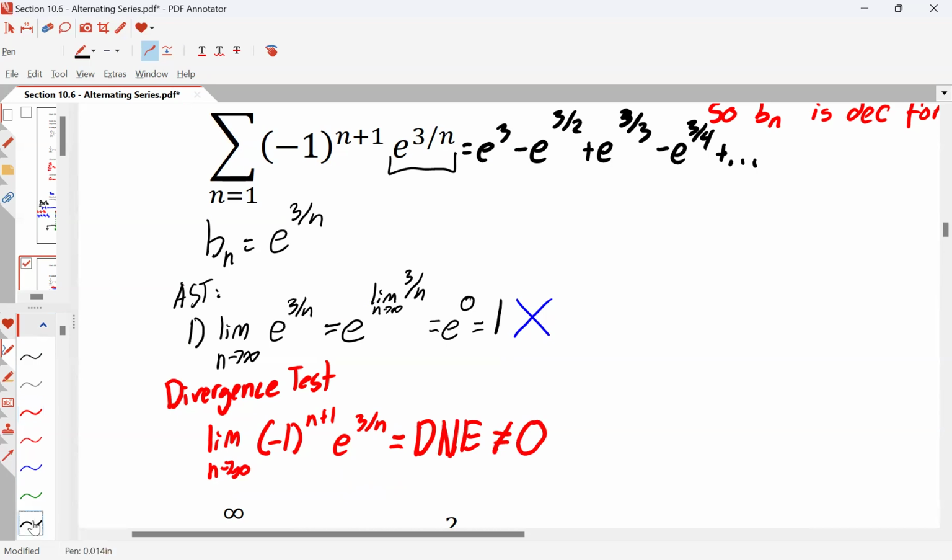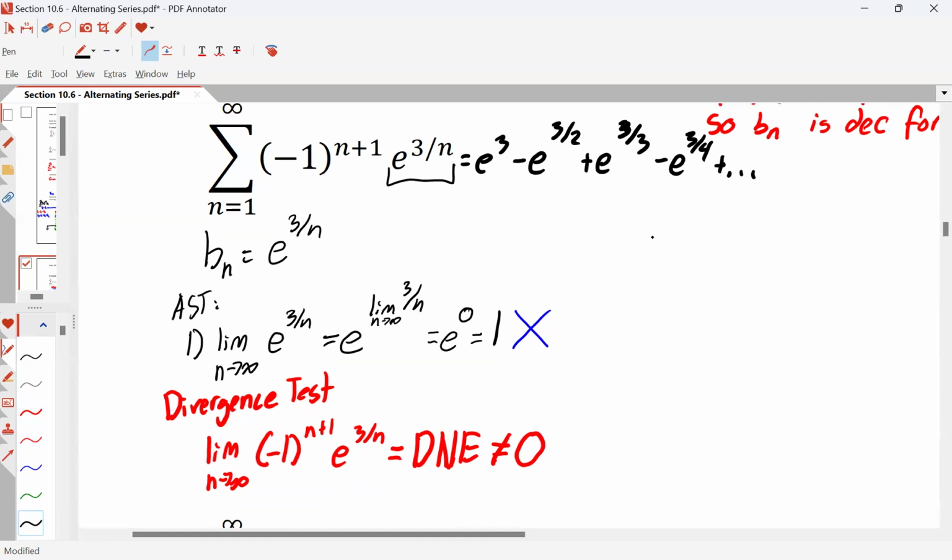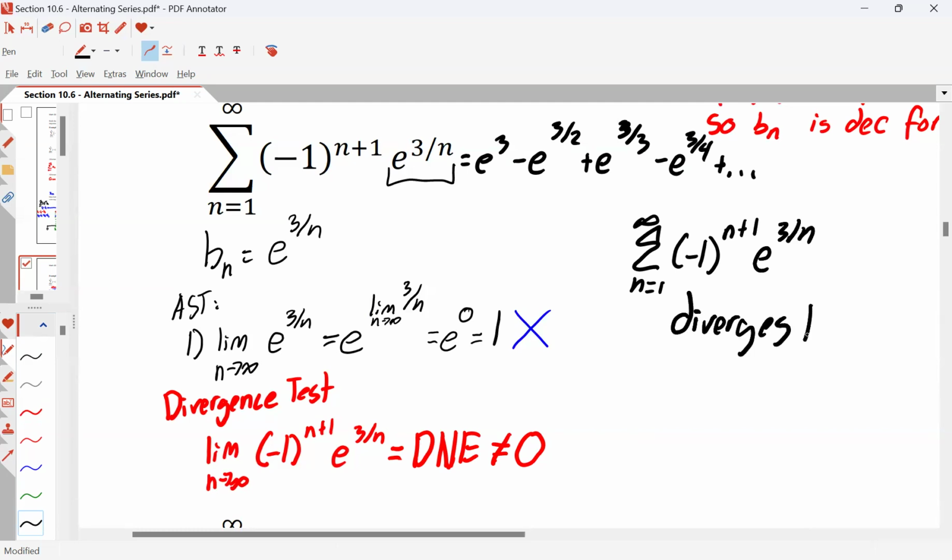So by the divergence test, the sum from n equals 1 to infinity of (-1)^(n+1) e to the 3 over n diverges by the divergence test.